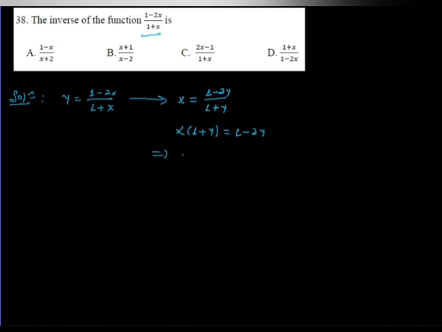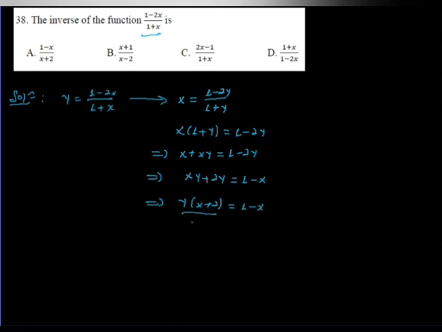So this implies x plus xy equals 1 minus 2y. Rearranging the terms, we get xy plus 2y equals 1 minus x. Factoring y, we get y times (x plus 2) equals 1 minus x.